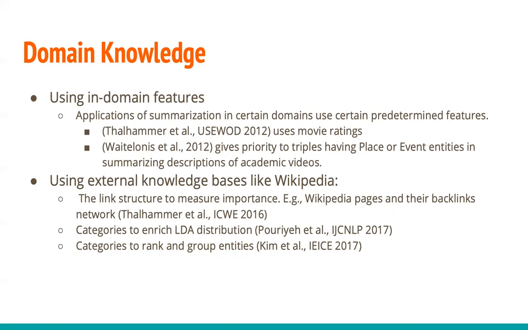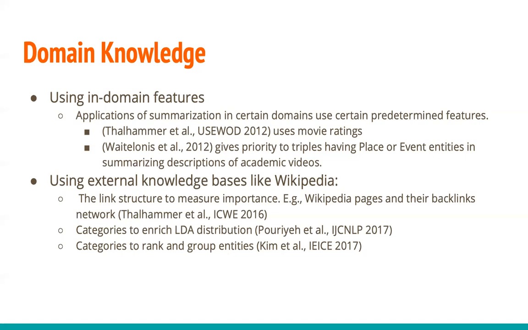And then people have also used external knowledge bases like Wikipedia. So for example, using Wikipedia page structure or internal linking structure to measure the importance of entities, running PageRank using backlinks and interconnections.